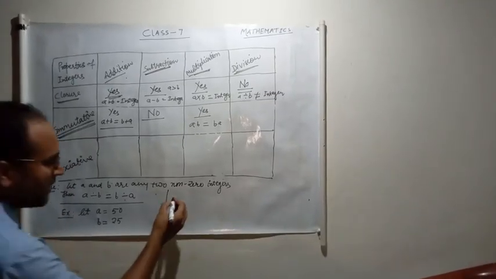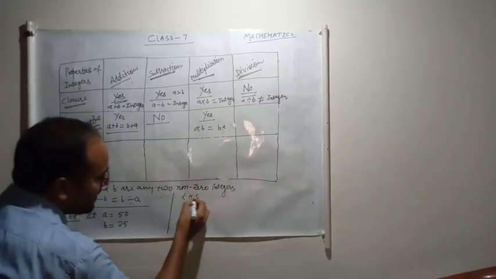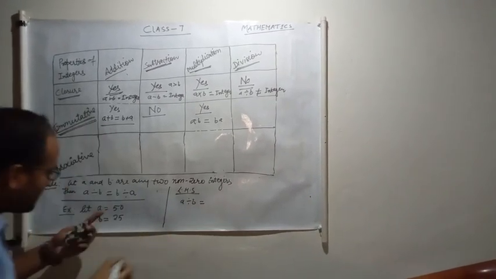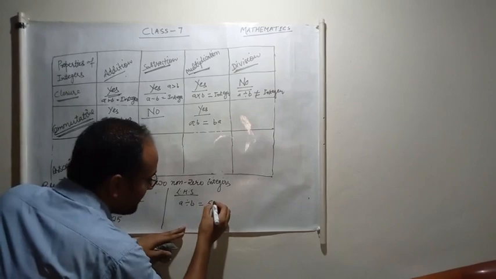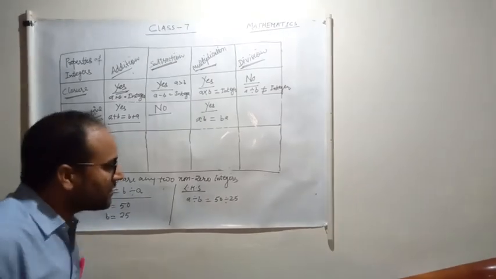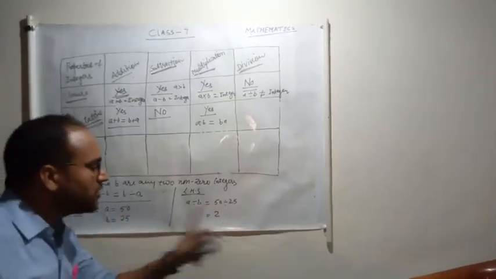So with these examples, let's take the left hand side. Left hand side is a divided by b. A divided by B means 50 is going to be divided by 25. You know that 25 twos are 50, so you get 2. Means the value of a divided by b is equal to 2.